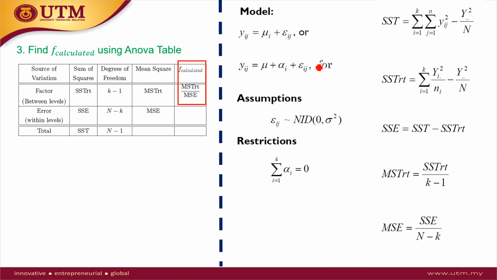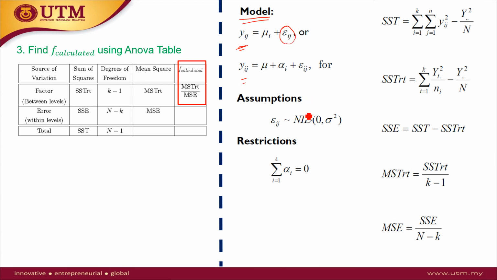Okay, and this is the model that we obtain from the data. So the Yij is your data, and the mu, epsilon, mu i and alpha are the parameters of your data. These parameters will visualize the pattern of the data. And this epsilon is also called the error.